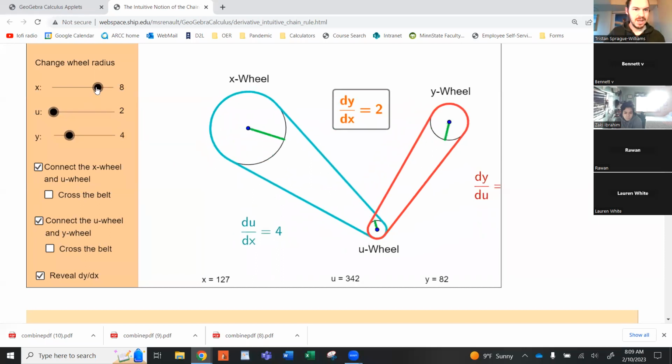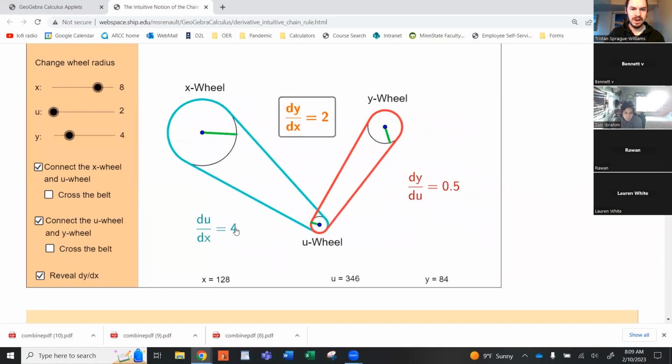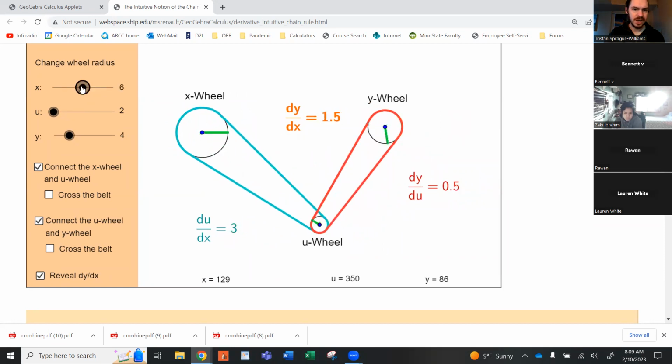Okay, and we should note before we move on that 4 times 1/2 does equal 2. If I change things, let's change, like here, the size of this x wheel, that changes the rate of change between the x and the u. Now it's 3. The y to u relationship is still the same, that's still 1/2, but now our rate of change here is 1.5, 3 times 1/2.